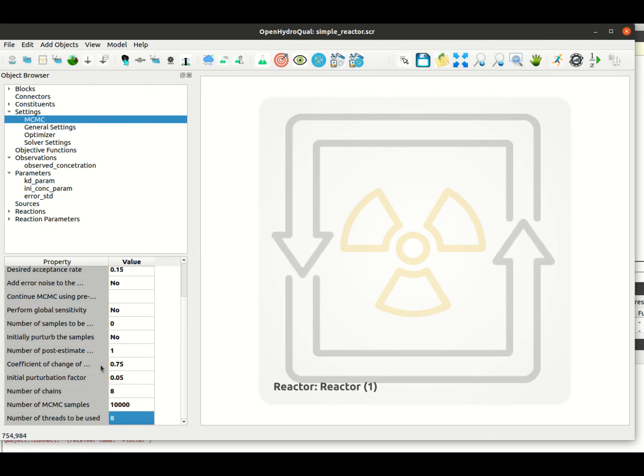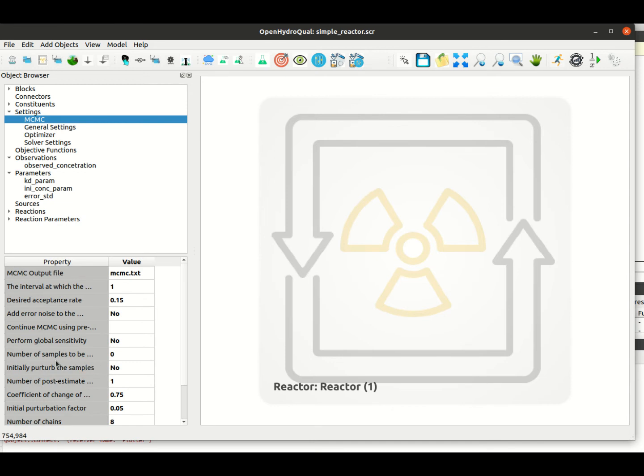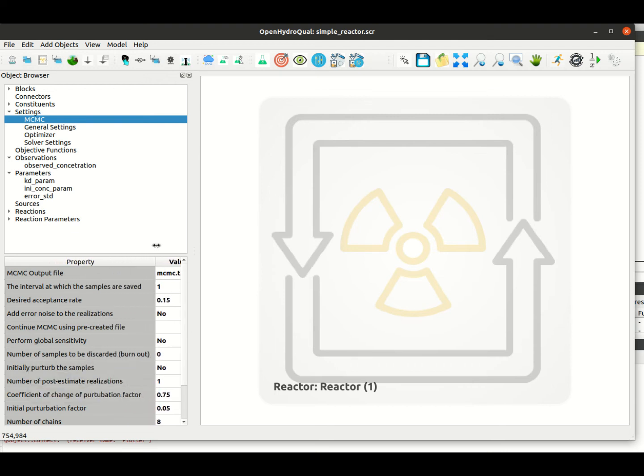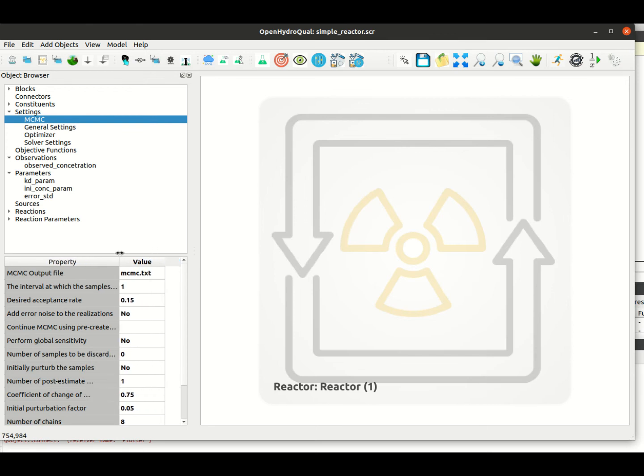Then there's this parameter here called number of samples to be discarded, burn-in, which is currently 0. That means initially the MCMC will start from the parameters that are now set, which is based on the maximum likelihood estimation.